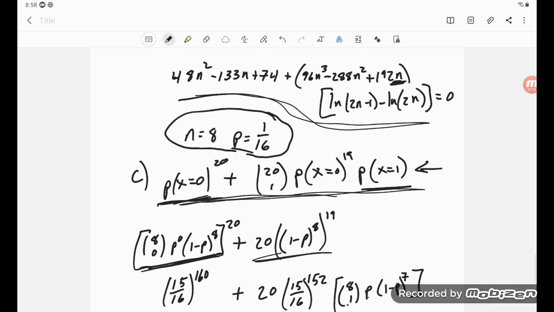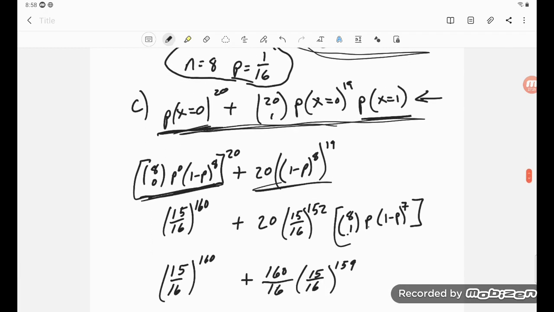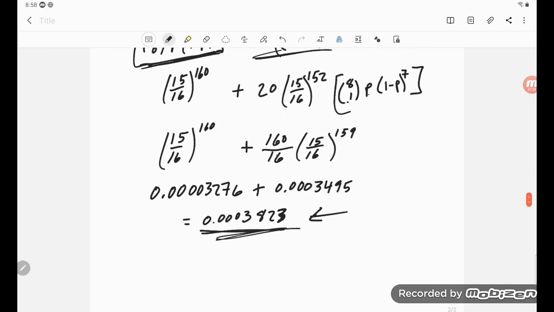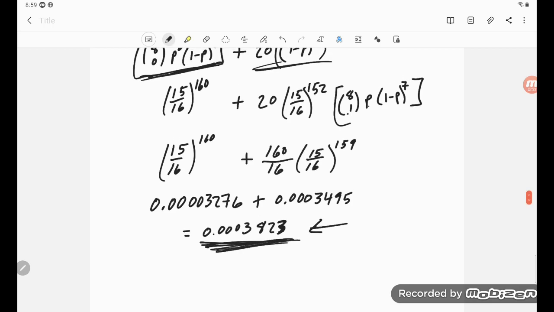You may not be exactly at the maximum likelihood estimator, but your calculations look like they might not be too far off. So that's kind of a nice thing to learn. But at any rate, it looks like we wanted 8 and 1/16, and when we do that, we get our answer here for C of 0.0038. Okay, long enough on that.